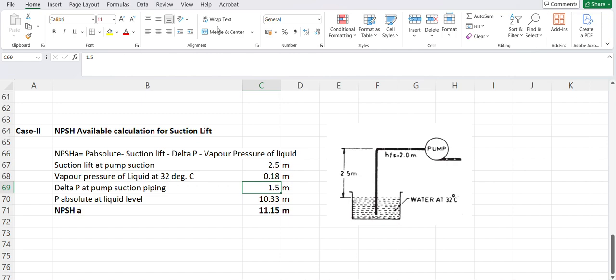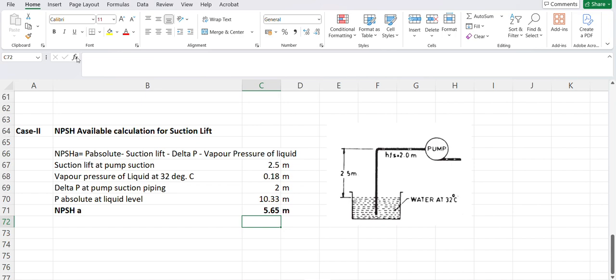Then delta P across the suction piping: I have taken an example with all the values so that we don't waste time calculating the delta P across the piping using the pipe length and fluid properties. You can calculate it with reference to the Darcy-Weisbach equation. Here we just subtract the suction lift, hence our NPSH available is 5.65 meter.